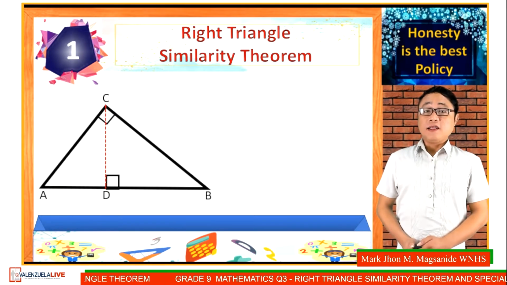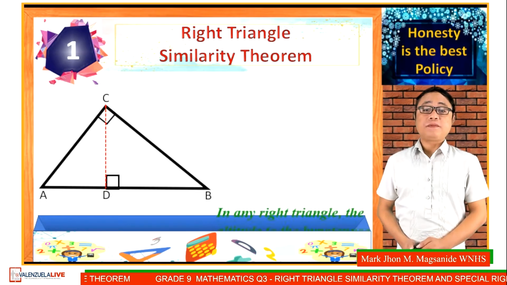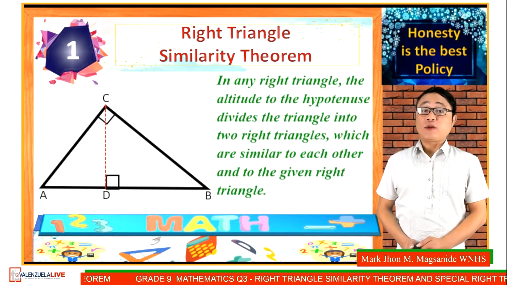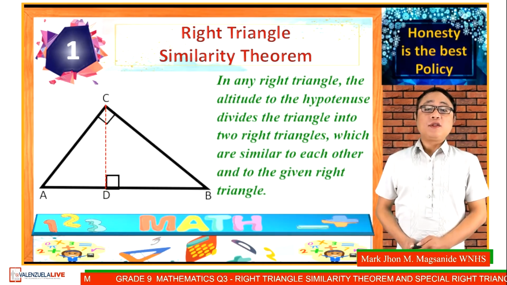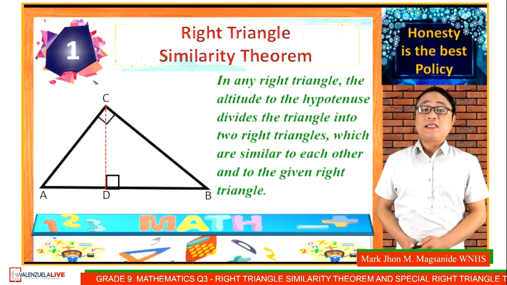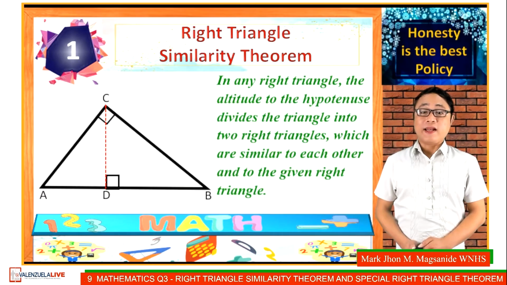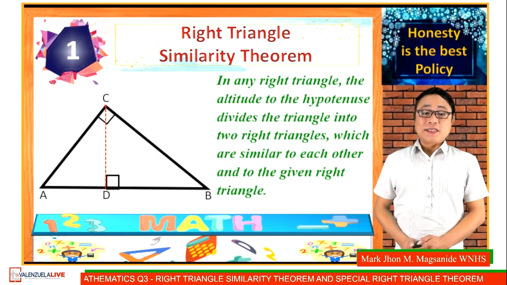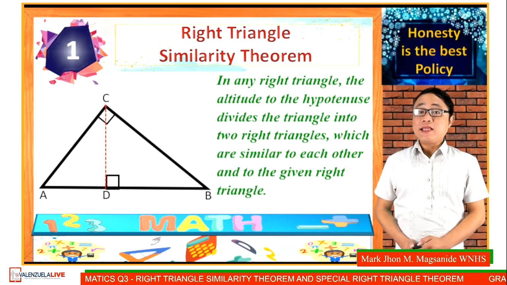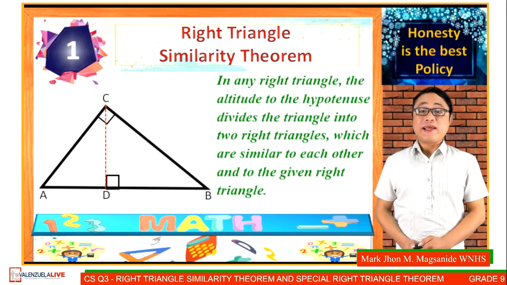With this, the theorem states that in any right triangle, the altitude to the hypotenuse divides the triangle into two right triangles, which are similar to each other and to the given right triangle.